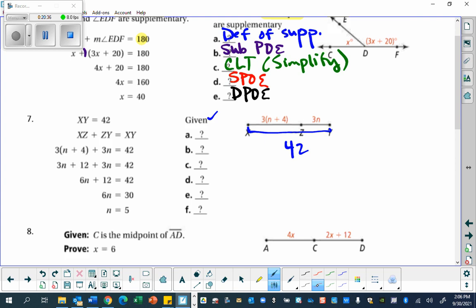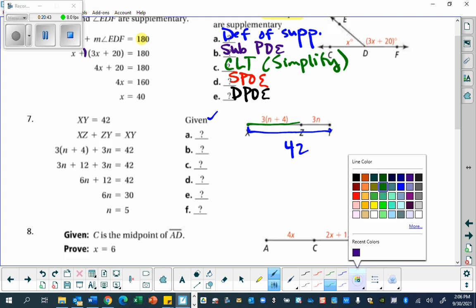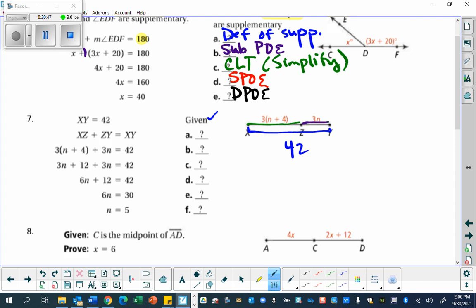The diagram tells me that the distance from X to Z is 3 times the quantity n plus 4, and the distance from Z to Y is 3n. Where does this statement come from that tells me that the distance from X to Z, green, plus the distance Z to Y, purple, is equal to the distance from X to Y, 42, blue?